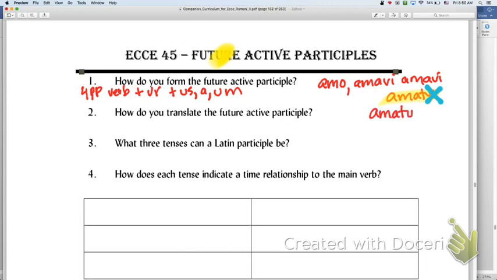So add UR and then add your us, a, um. Now remember, it's not multiple choice between us, a, um. It tells you that it can be any first or second declension noun ending.